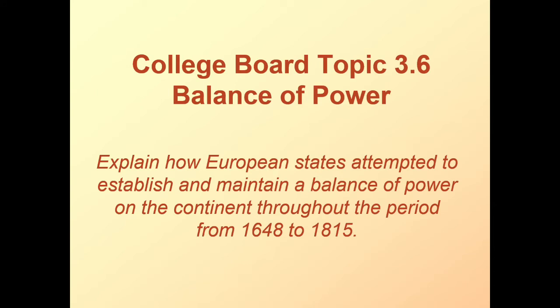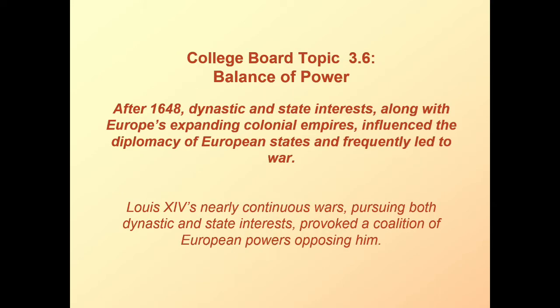And then we've got College Board Topic 3.6, Balance of Power. Explain how European states attempted to establish and maintain a balance of power on the continent throughout the period from 1648 to 1815. And keep in mind, this goes all the way back to the Renaissance with balance of power theory. After 1648, dynastic and state interests, along with Europe's expanding colonial empires, influenced the diplomacy of the European states and frequently led to war.